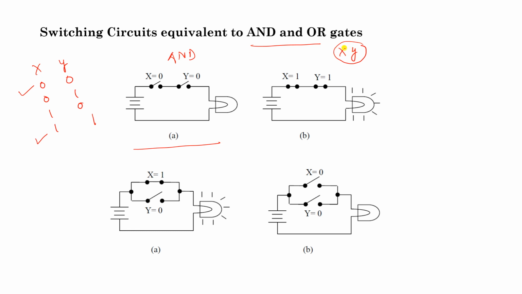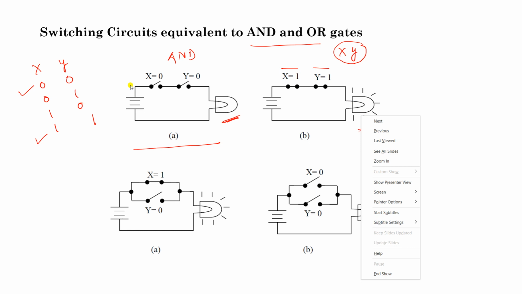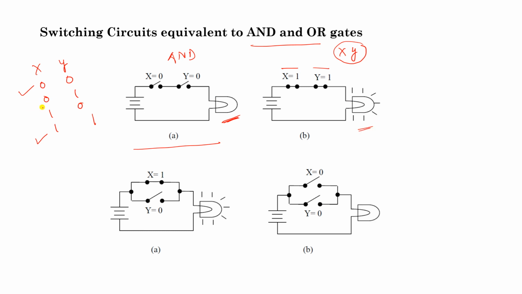If one of the variables is 0, then it will be 0. So here, this is 0 0, in the off state, and this is 1 and 1, in the on state. So only two combinations are given here. Similarly, you can draw this combination and this combination. In both of these cases you will find the same off state.